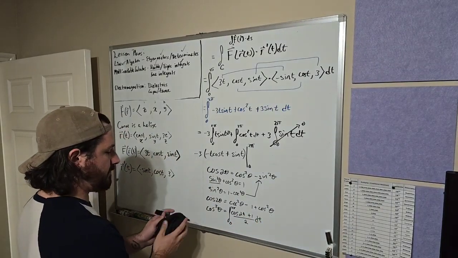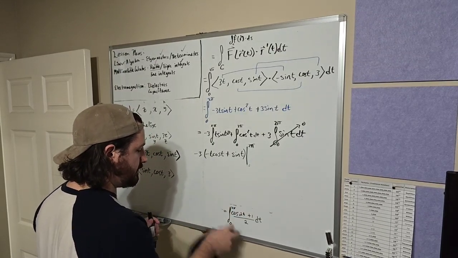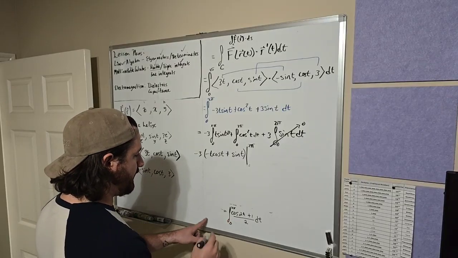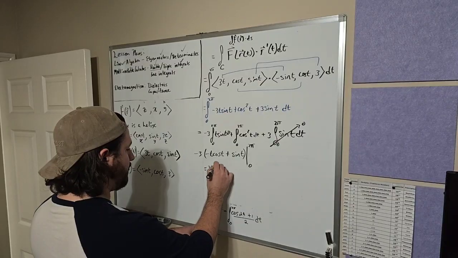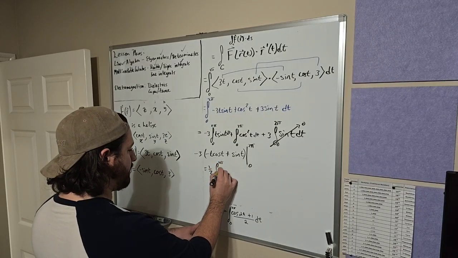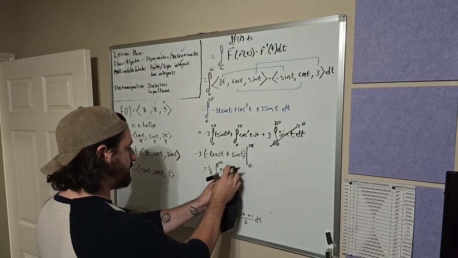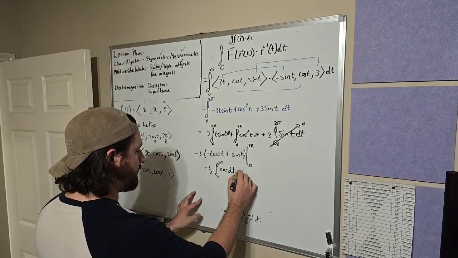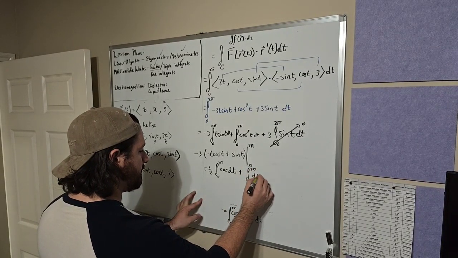Okay? So let's make ourselves some space. Okay, so the integral here, you can distribute your integral across, pull out the 1/2. So we're going to have equals 1/2, the integral from 0 to 2 pi of cosine of 2t, that looks terrible, cosine of 2t, and that's plus the integral from 0 to 2 pi of dt, right?